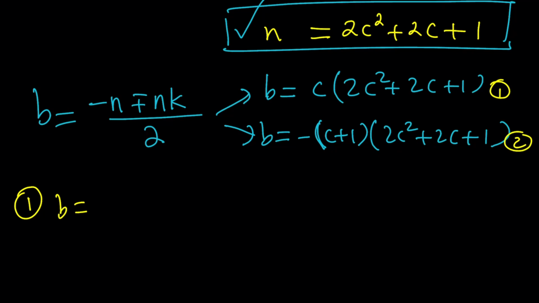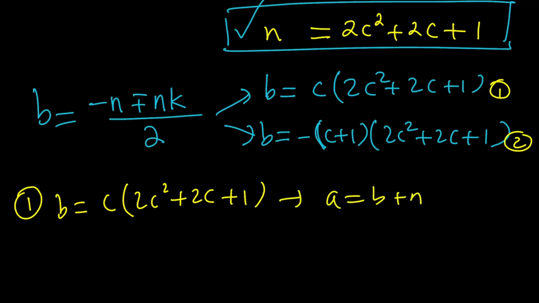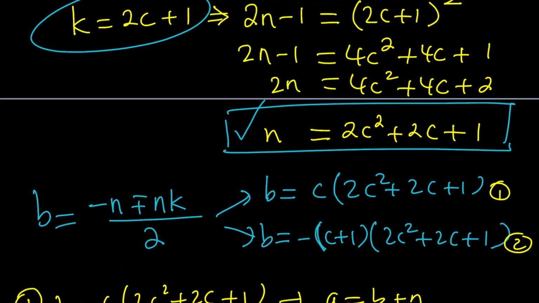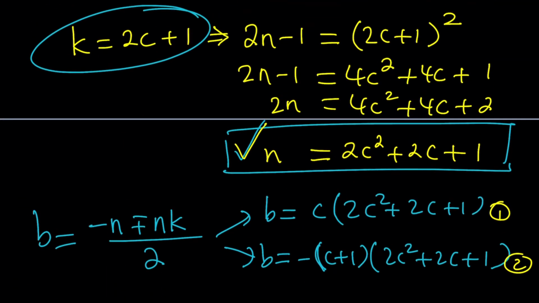b is equal to c times 2c squared plus 2c plus 1. By the way, don't distribute it. It's better that way. Now, remember, a is equal to b plus n. So a can be written as b, which is this, plus n, which is 2c squared plus 2c plus 1. Do you remember? That's where the n comes from, actually, right here. Look at that.